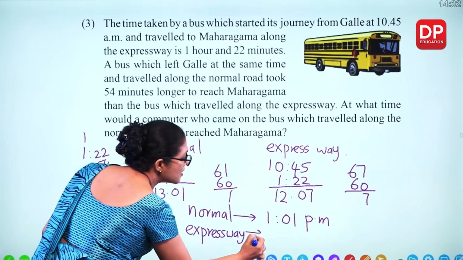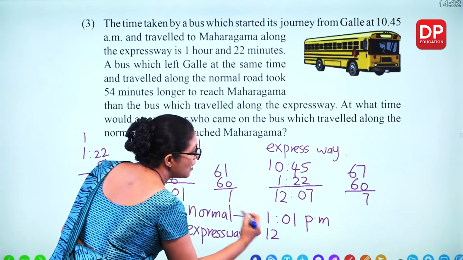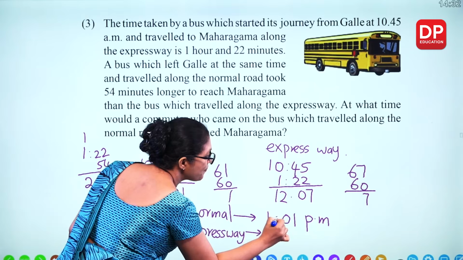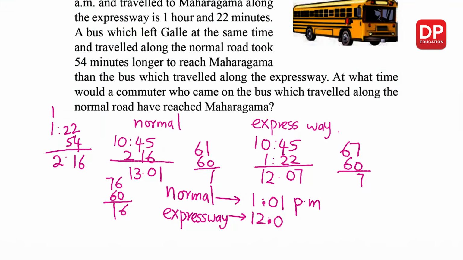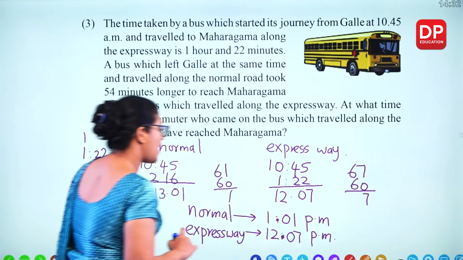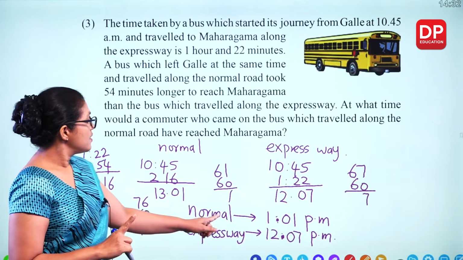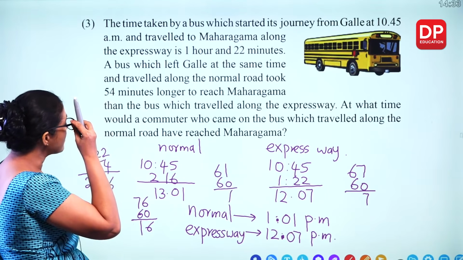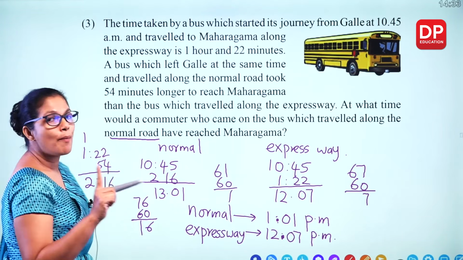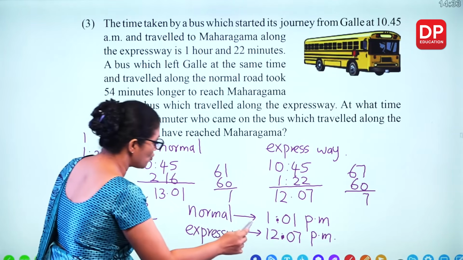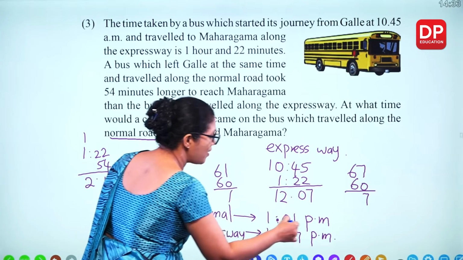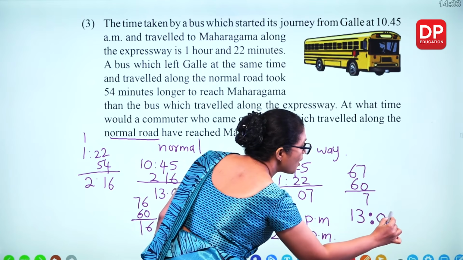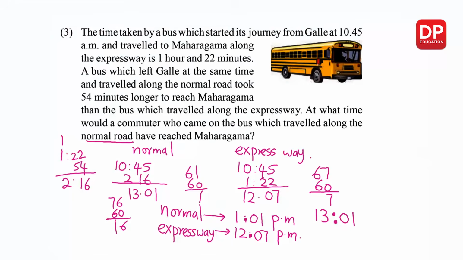For the expressway, you get 12:07 PM. If you are putting PM, just 1 dot. So these are the 2 times taken for the normal way and the expressway. In this question, they only ask about the time through the normal road. So that means the time is 1:01 PM, or in standard form you can write 13:01. 13 hours and 1 minute.